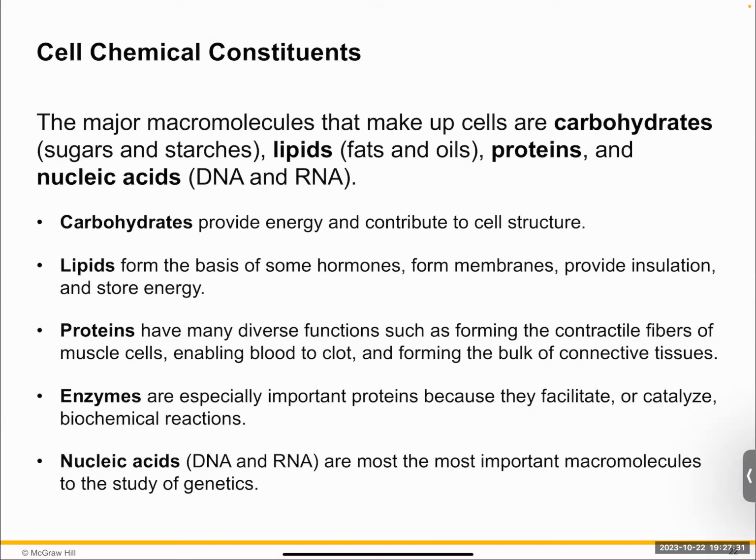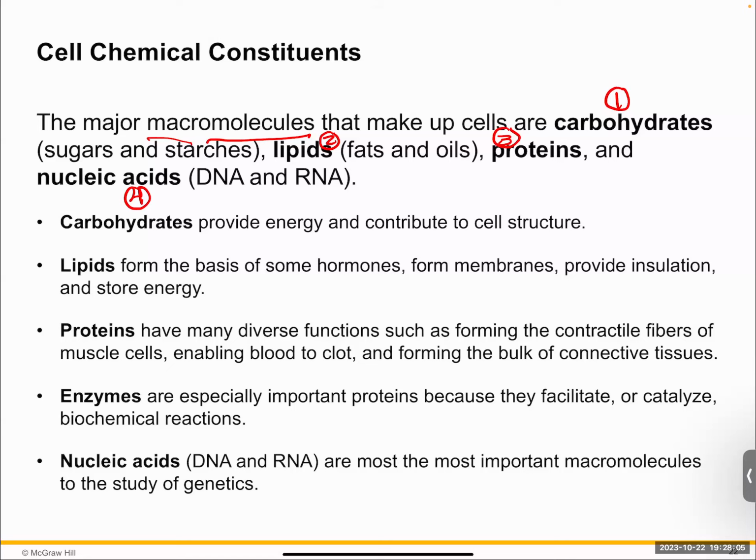We talked about macromolecules briefly before, but I want to highlight it again. Macromolecules are large molecules that have many subunits. You have four major groups: carbohydrates, lipids, which are fats and oils, proteins, and lastly, nucleic acids. This is a genetics course, so we already talked about nucleic acids at some levels, which are DNA and RNA.